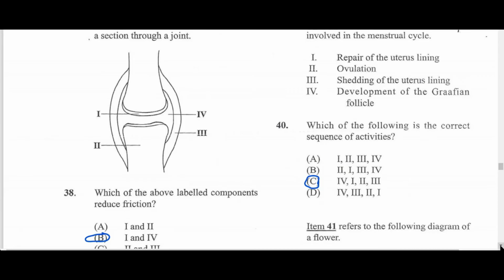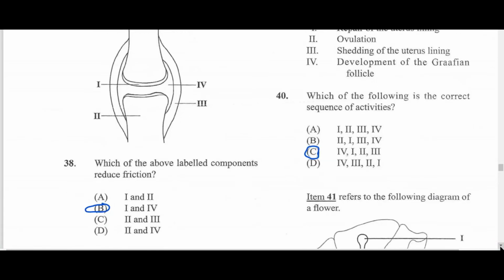So I chose C. It says that development of the Graafian follicles, after which we are going to be having the repair of the uterus lining, and then we are going to have ovulation taking place, and then you are going to have shedding of the uterine wall, and that is what some person would call the menstruation, or they have other names to call it. So pretty much a menstrual cycle begins right after the menstruation there. So it's very important that you understand that you can pick up on what is happening first, second, third, that type of thing. So for 40, the answer is going to be C.